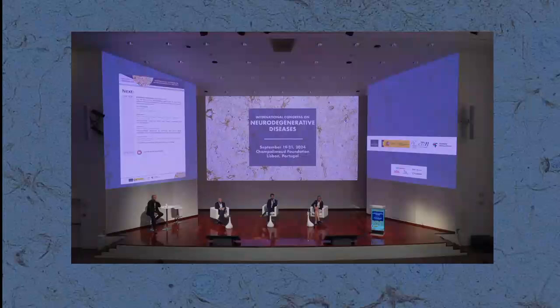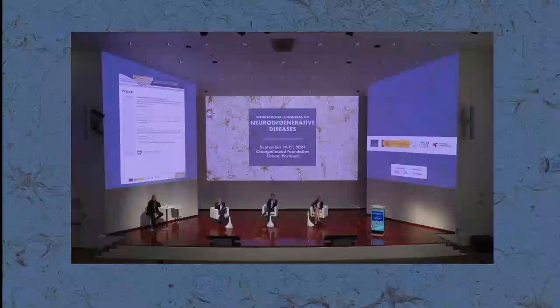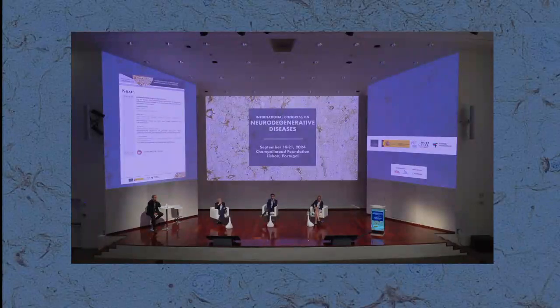Thank you for your presentations. In this session about LATE and PART, from what I am learning, both of them can be found in postmortem brains, tauopathy and LATE neuropathological change, in cognitively healthy individuals, and the same we know can be found in Alzheimer's disease patients.